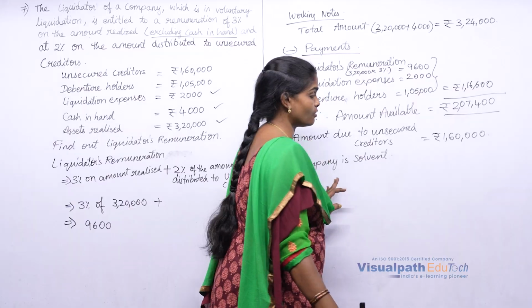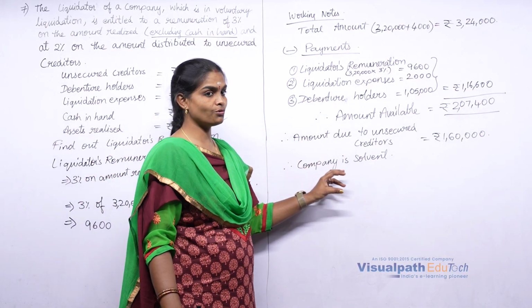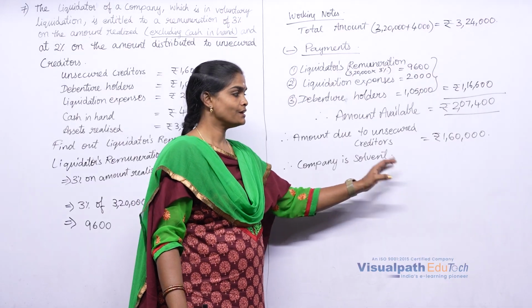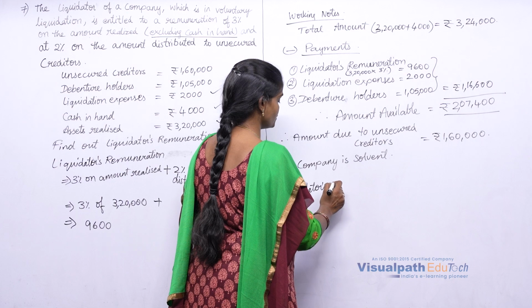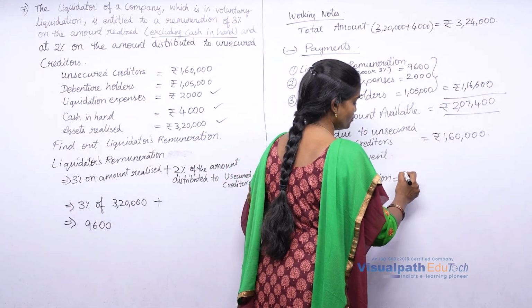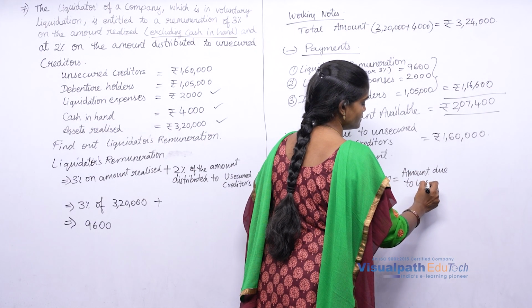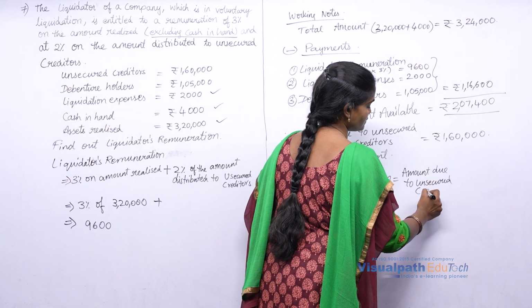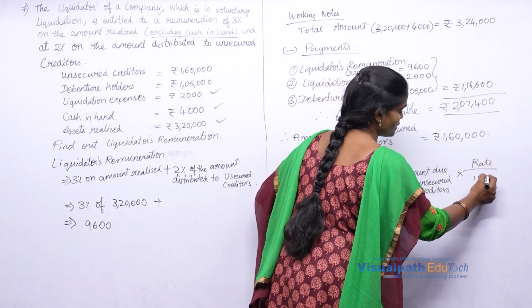When the company is solvent, liquidator's remuneration will be equal to amount due to unsecured creditors into rate by 100. Now, liquidator's remuneration equals amount due to unsecured creditors into rate by 100.